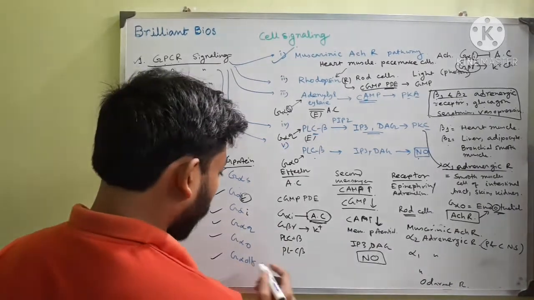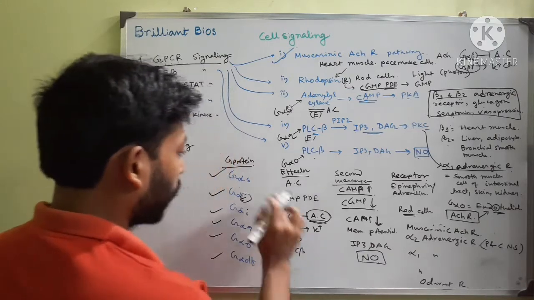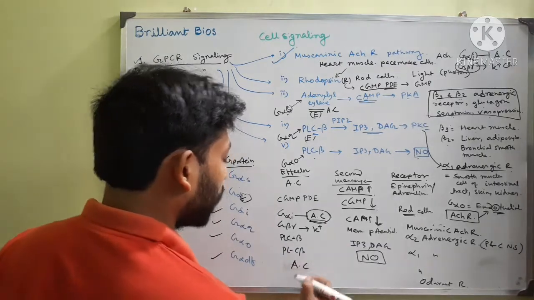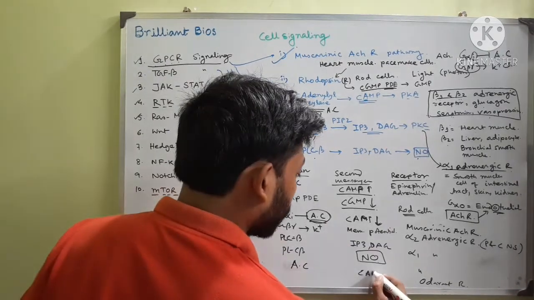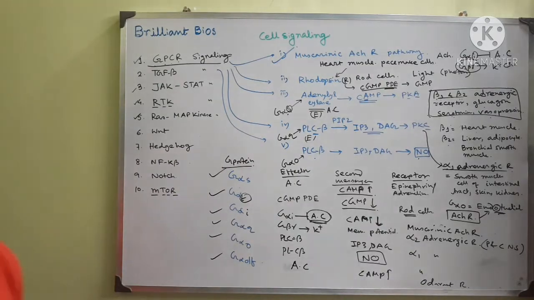This olfactory receptor activates the G alpha, which is the same thing, it acts as a stimulatory, so it activates the adenylyl cyclase enzyme and activates the cAMP second messenger, increasing the second messenger.